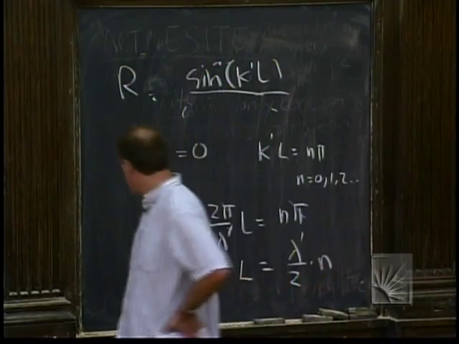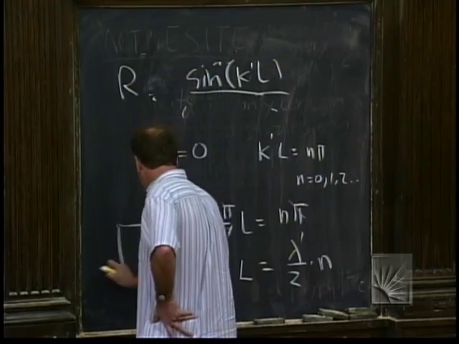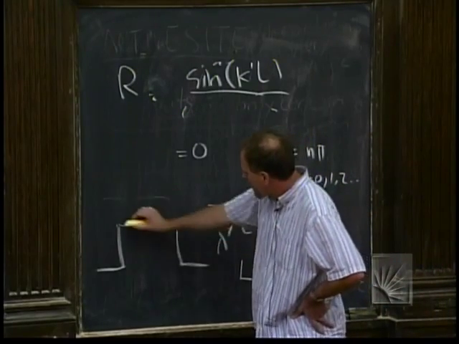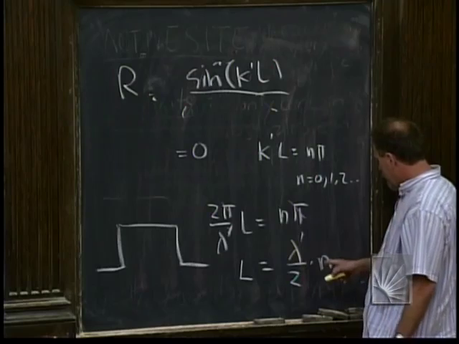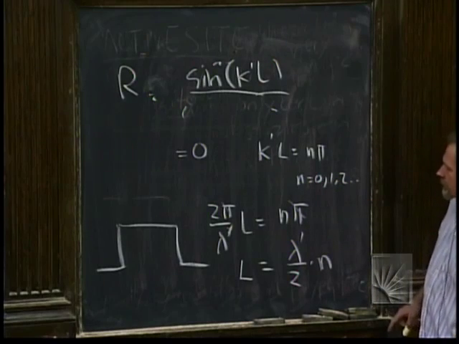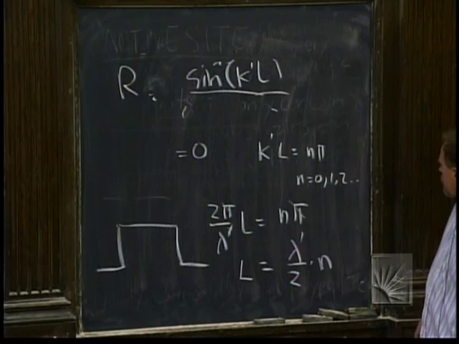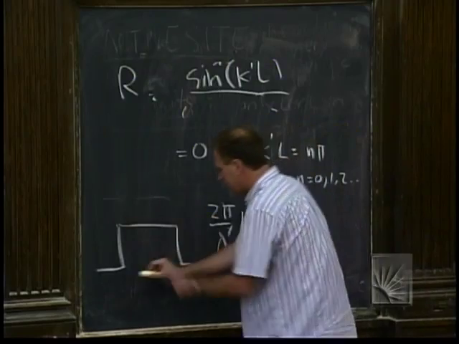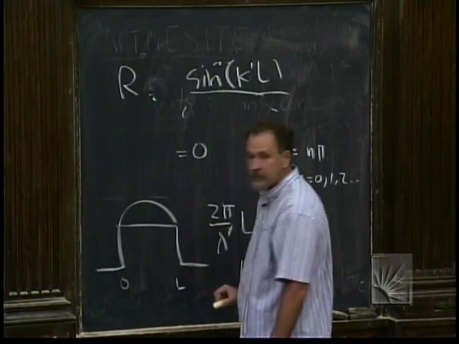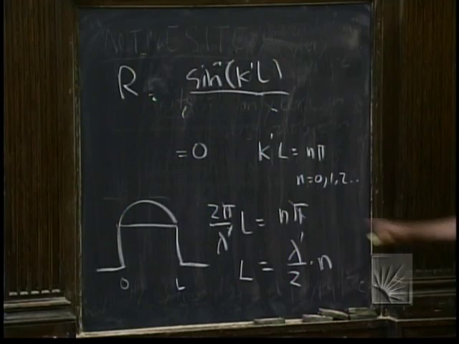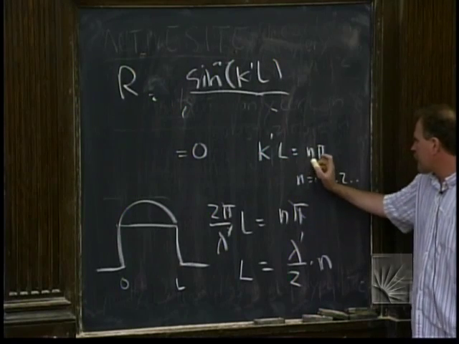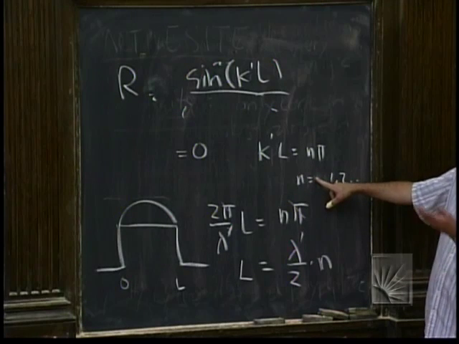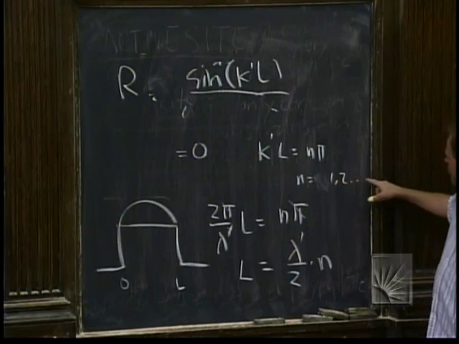So that's basically saying, if here's the barrier, lambda prime is the wavelength of the wave in this region of the barrier, and if half the wavelength fits, n equals 0 is kind of trivial. The next possibility is n equals 1, so let's say lambda over 2 just fits in the barrier. In fact, n equals 0 is nothing. That's saying k prime is 0, that's no energy. That's the no particle state. So it's n equals 1, 2, 3, etc.